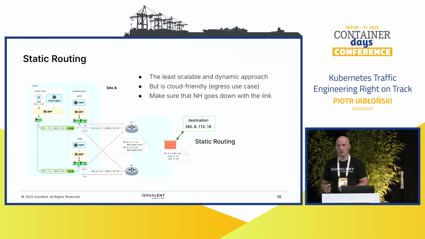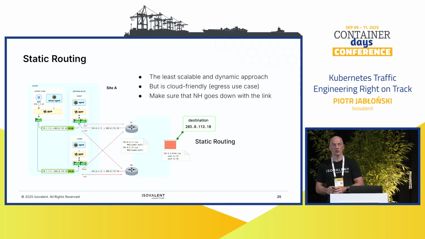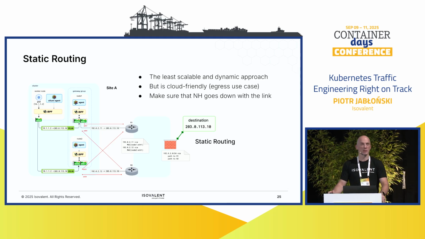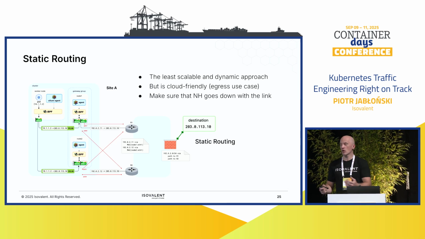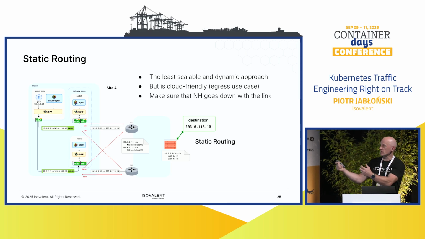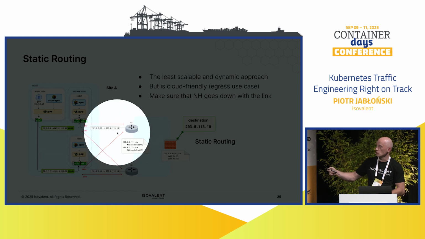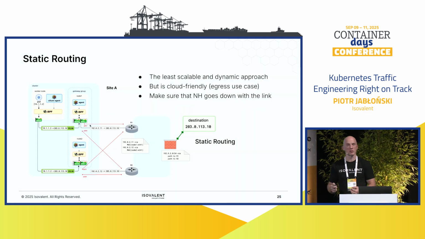Routing protocols. We need routing protocols to make these IP addresses reachable from the external network. Static routing is the simplest representation, and in some way it's a good enough solution because from the Kubernetes side we need just a default route, and static routing from upstream devices is also a viable solution. Why? Because we can combine it with BFD.